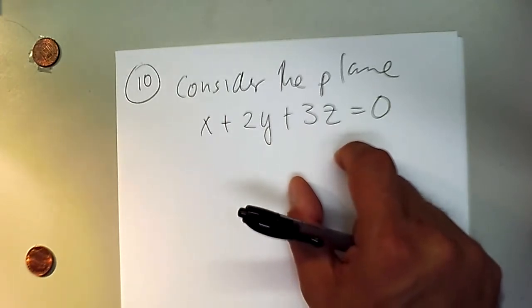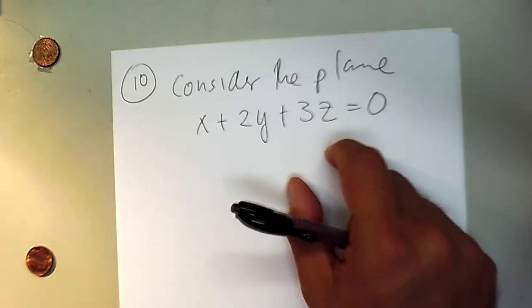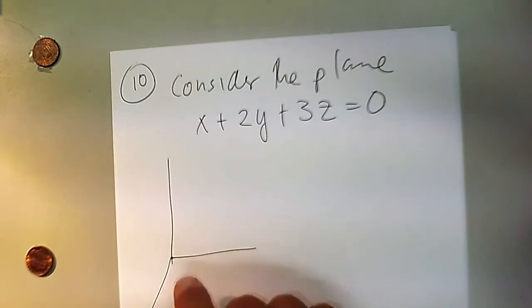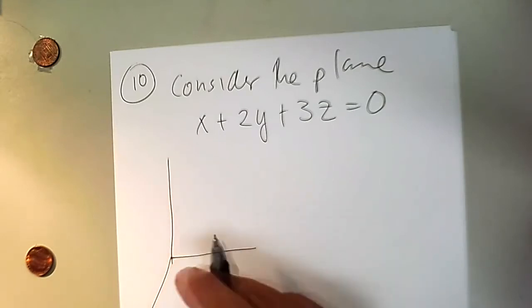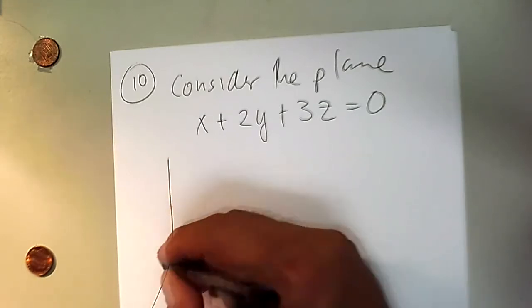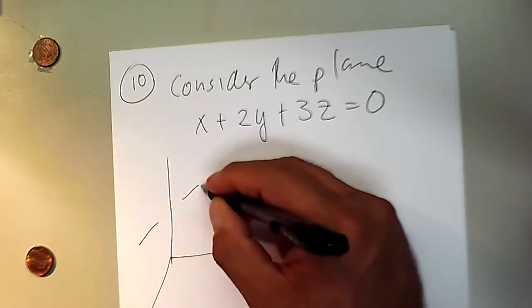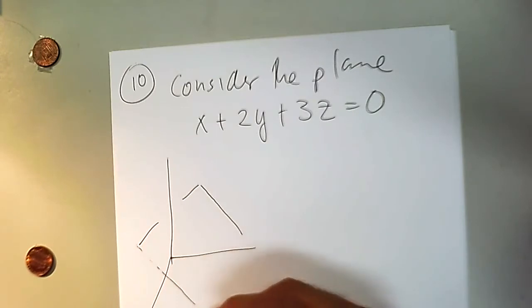So, 1, 2, 3. Let's see, that plane, if I'm not mistaken, it's got to be perpendicular. It's going to be hard to draw, but the back of it is going to go like so, and then it's going to go under.